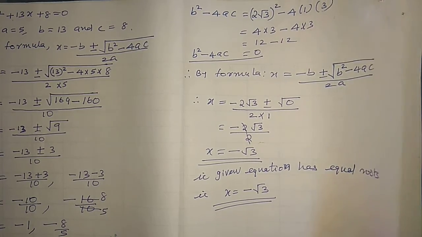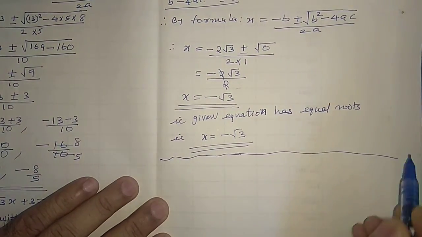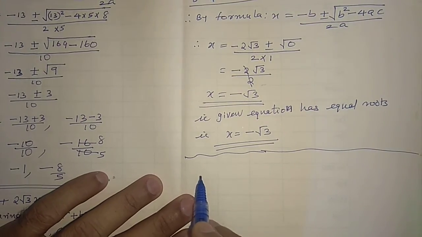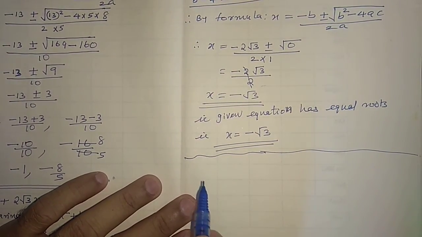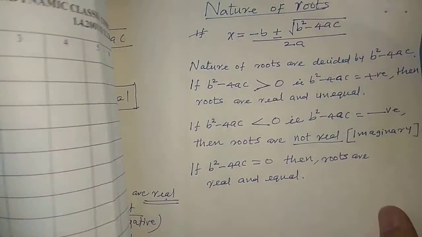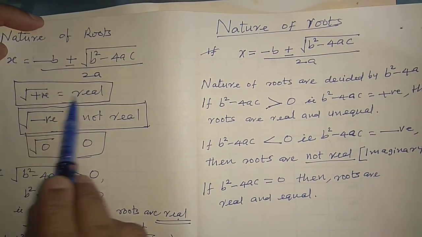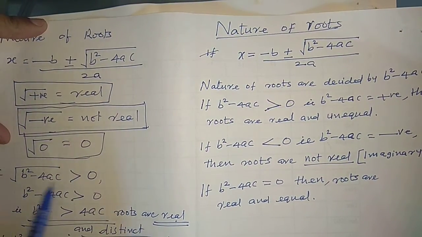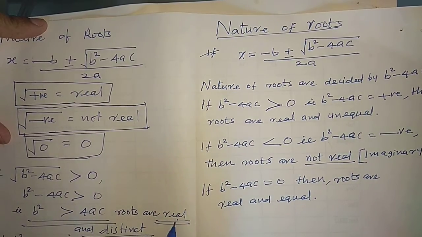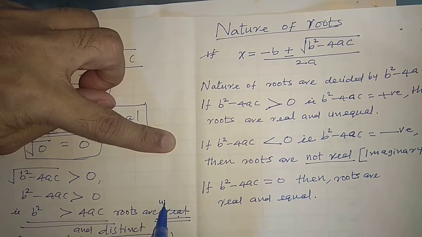Before we go for 2.5, yesterday what all did we discuss? Nature of roots. Nature of roots means what? We did it already yesterday. If the quantity under the root is positive, the roots are real and distinct, unequal.